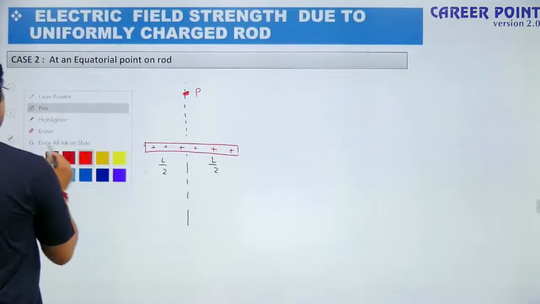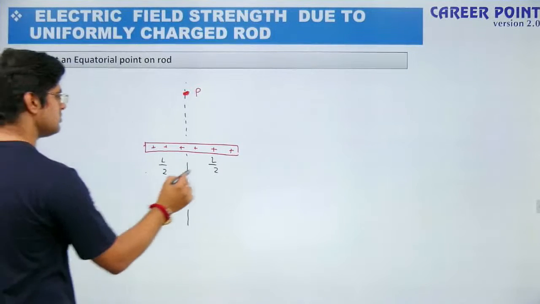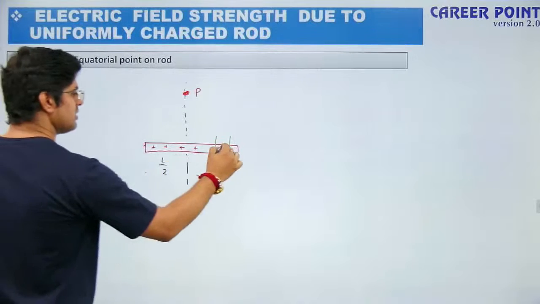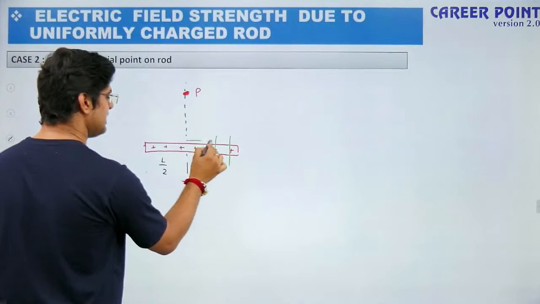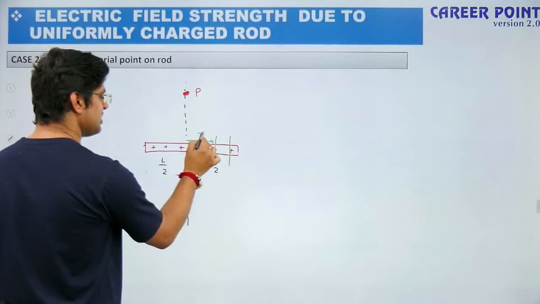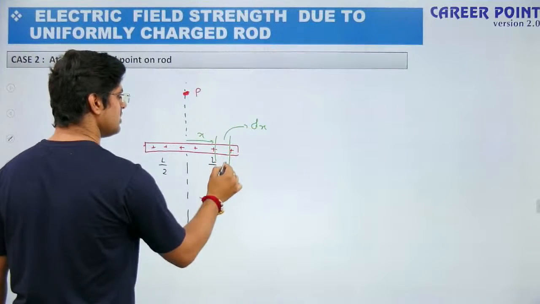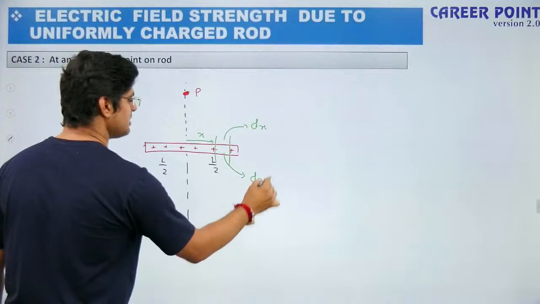Now let's consider one element here. Let's say this is one element. The length of the element, let's say it is x distance away from the center, and the length of the element is given by dx, such that the total charge on this element is dq.